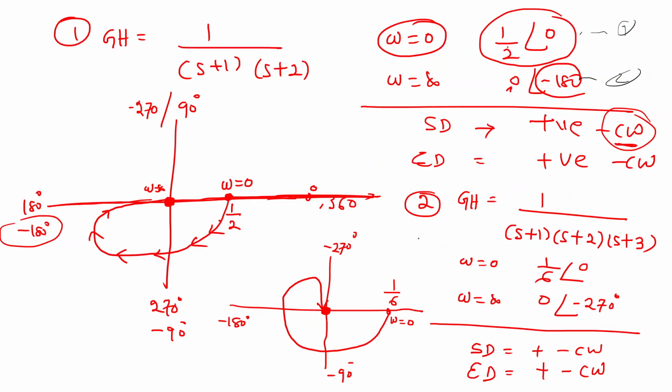Question number two, you see, sir. Yes, sir. Now for this question, I want to draw the Nyquist plot, right? I'll go to the next slide, but you just remember the question: 1 by s plus 1, 1 by s plus 2, 1 by s plus 3. This is our polar plot.